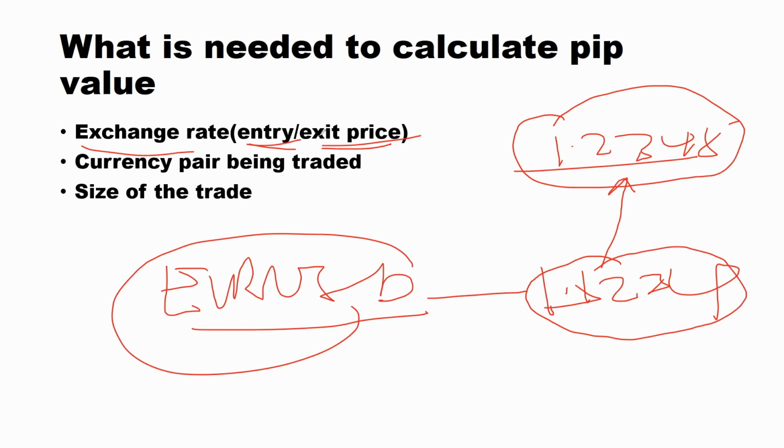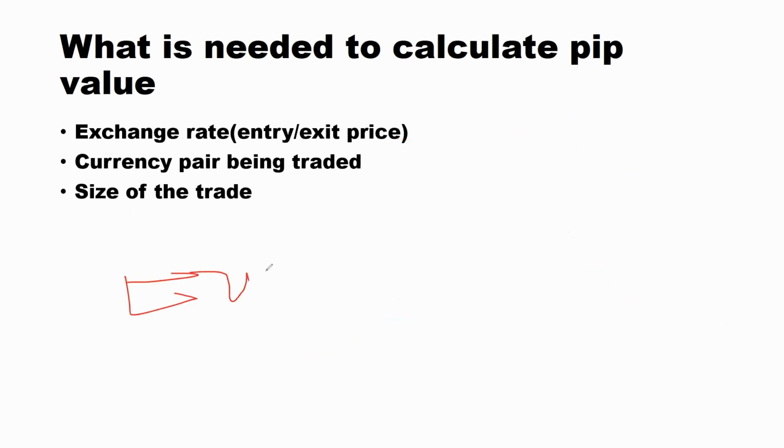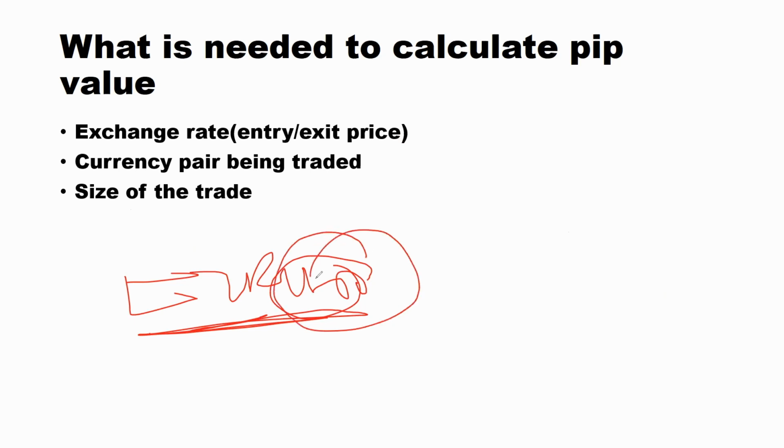Then you also need to understand, of course, the currency pair that you're trading. For example, we have said we're trading Euro USD, so that will be the currency pair. Why do we need the currency pair? Because we need the base and then the quote, because the pip value is listed in the quote currency's value.